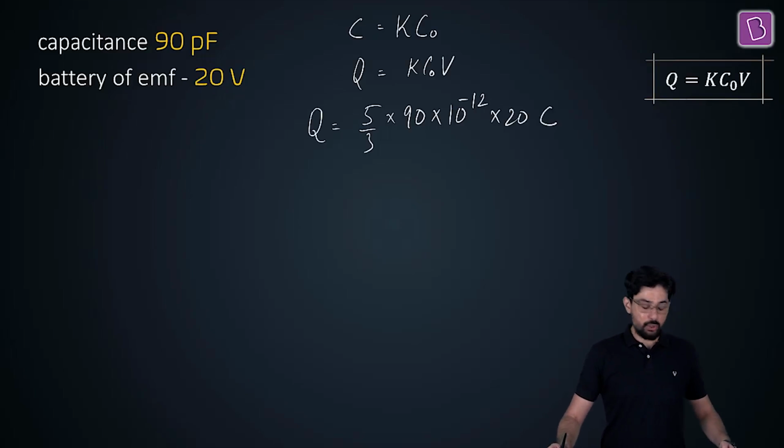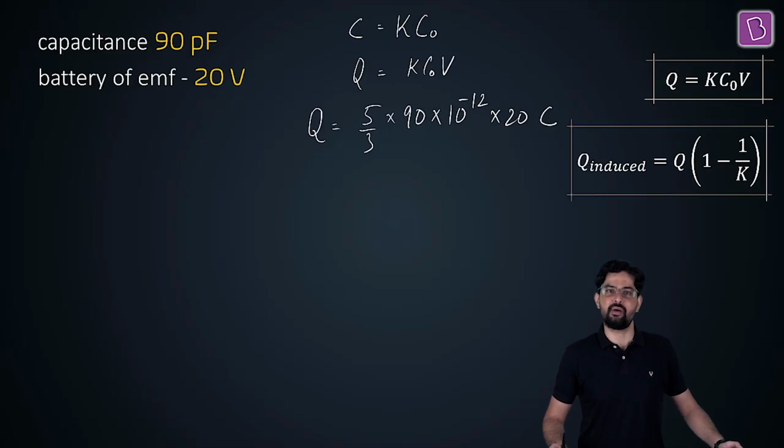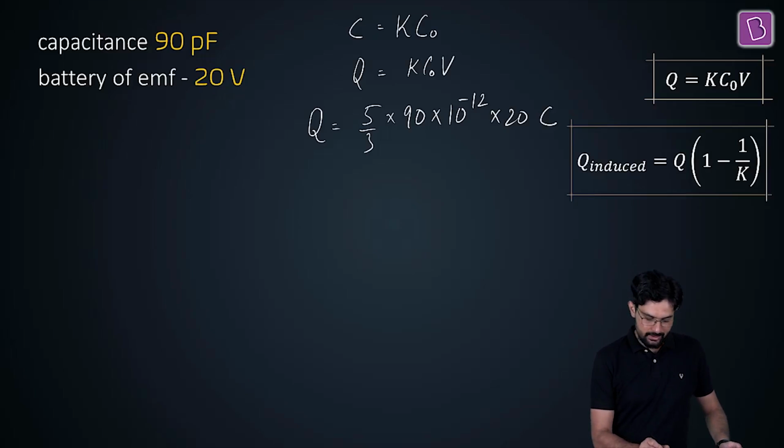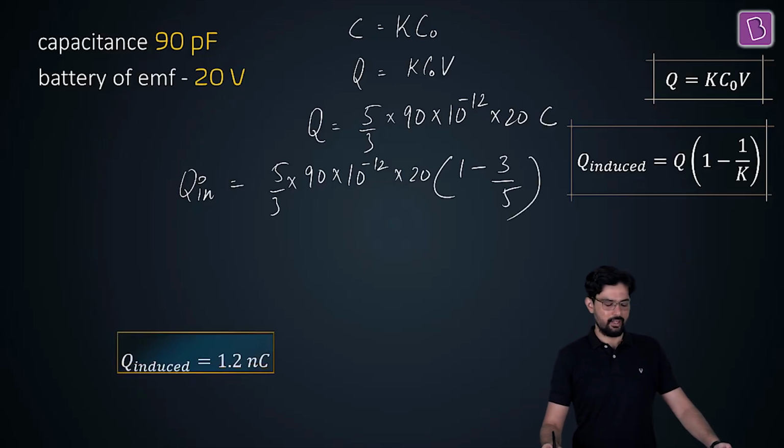And we know that the induced charge is Q into (1 minus 1 by K). Simple formula. So when you apply this, the induced charge is going to be equal to 5 by 3 into 90 into 10 raised to the power minus 12 into 20, into (1 minus 3 by 5), right?